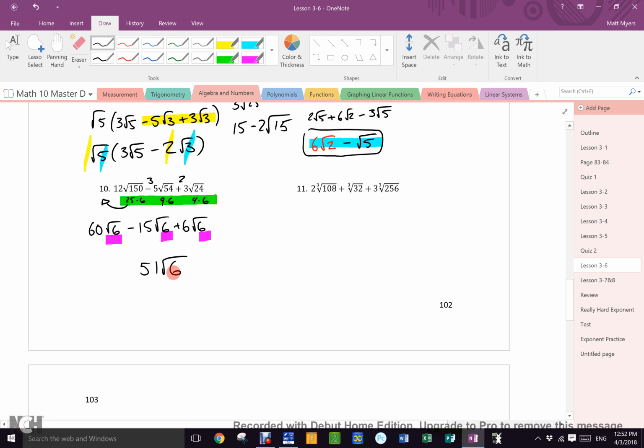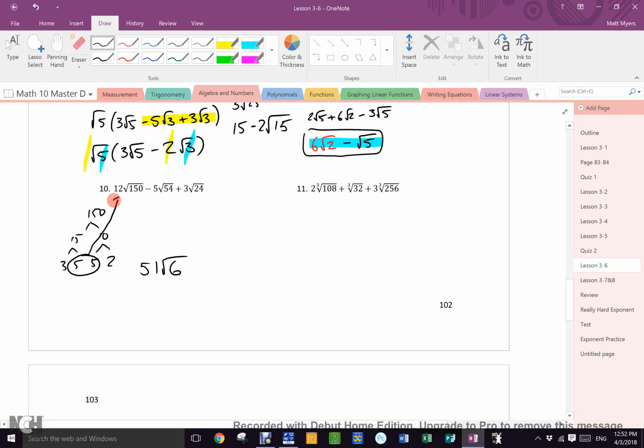Now let's say you still don't believe me that memorizing your perfect squares is a good idea. Then you just break it down normally. It will just take you longer. 150, 15 times 10, 3 times 5, 5 times 2. There's your group of 2.